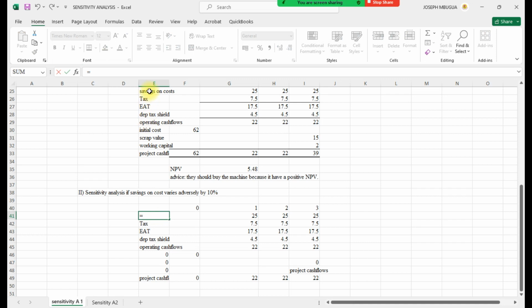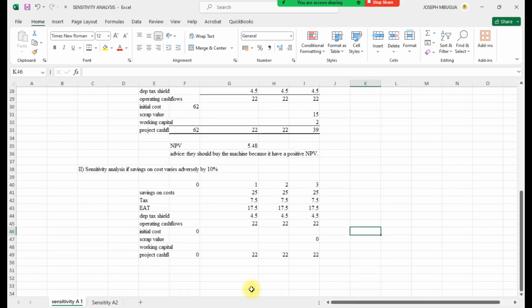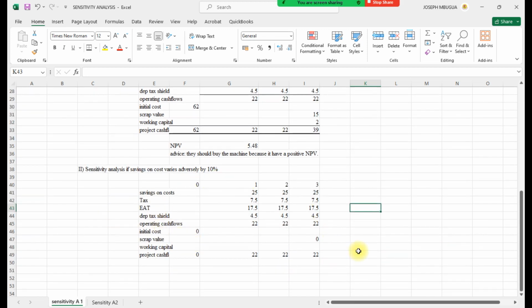So this was our savings on costs, and the other values are after depreciation, operating cash flow, initial, scrap, and working capital. The values that I don't have, I'll fix them and see whether the formulas will work. So as long as I have this shell, I can fix the other values.